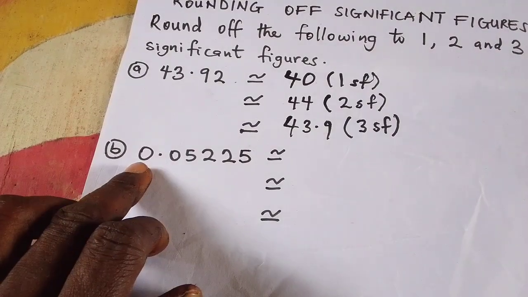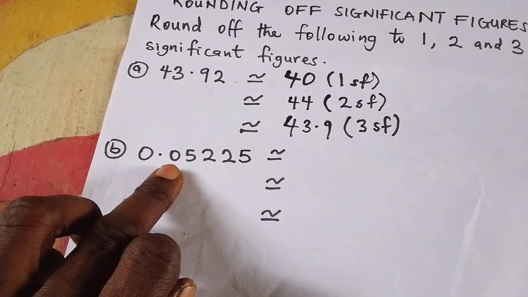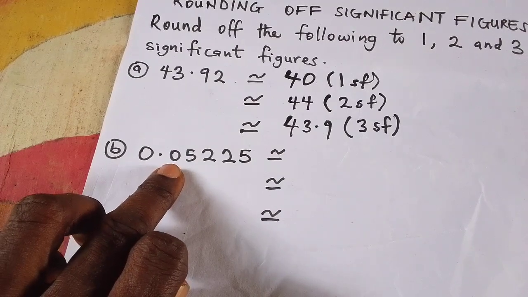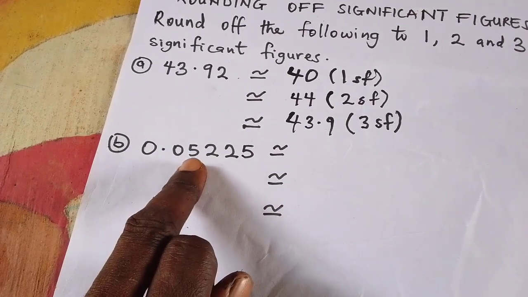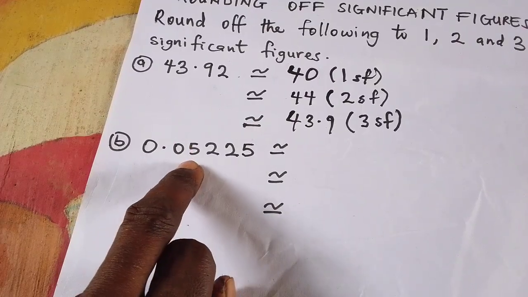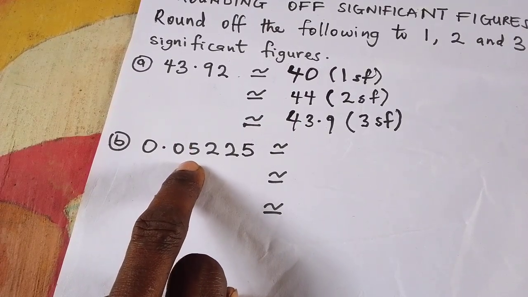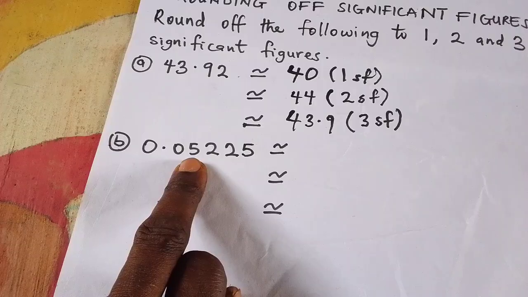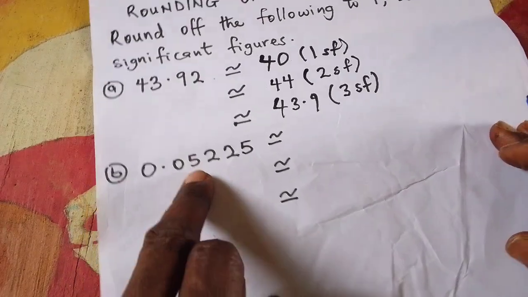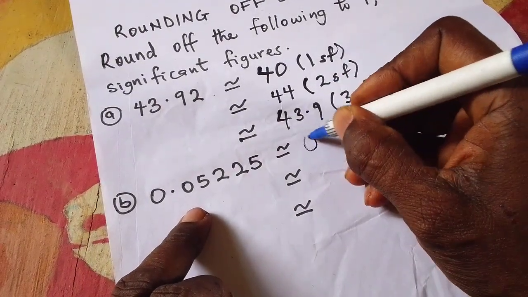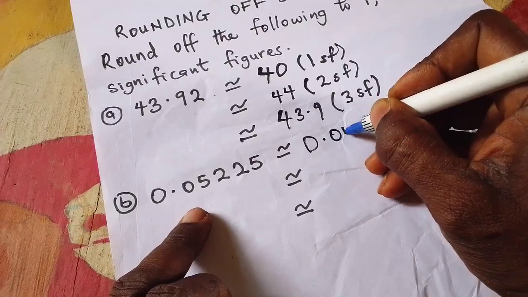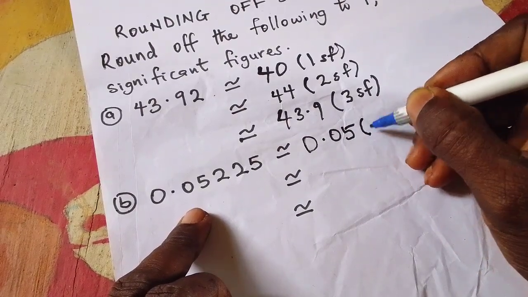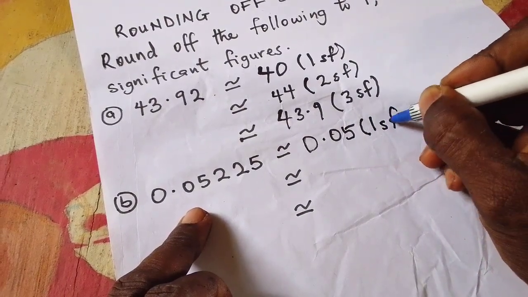You cannot start counting from this 0, neither from this 0, because they are not. So you start counting from this 5. This is the first one, to 1 significant figure. If you count this first one, the next number is 2. It's not up to 5. Since you are dealing with decimals, you just cut it off. So that means you'll have 0.05. This is to 1 significant figure.